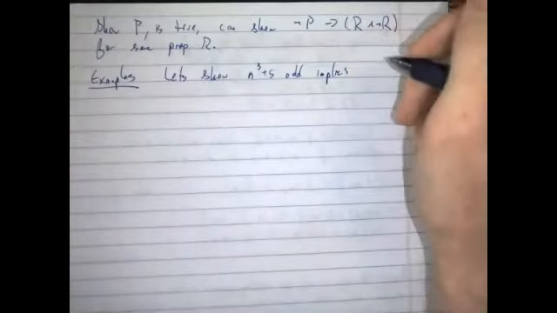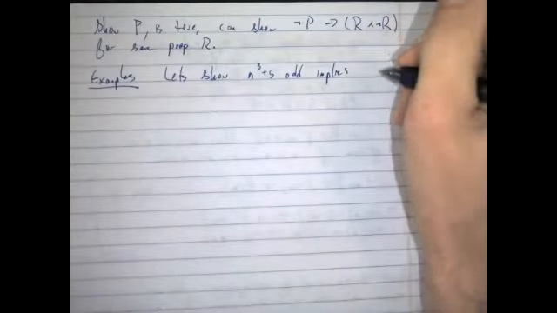So here's the first example. Let's show that n cubed plus 5 is odd implies n is even.